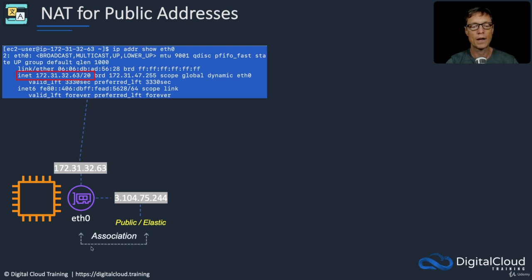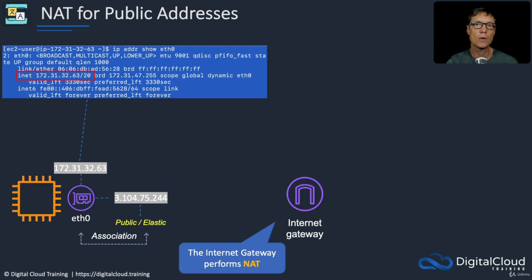And the reason for that is it's actually associated to the adapter. It's actually associated with the private address. Now, your instance doesn't know about that. That actually takes place externally to the instance, and it's performed by the Internet Gateway. So the Internet Gateway performs network address translation. It performs one-to-one NAT.